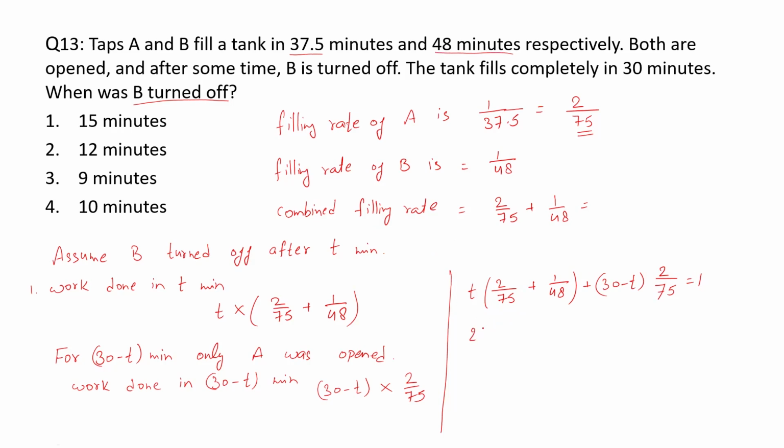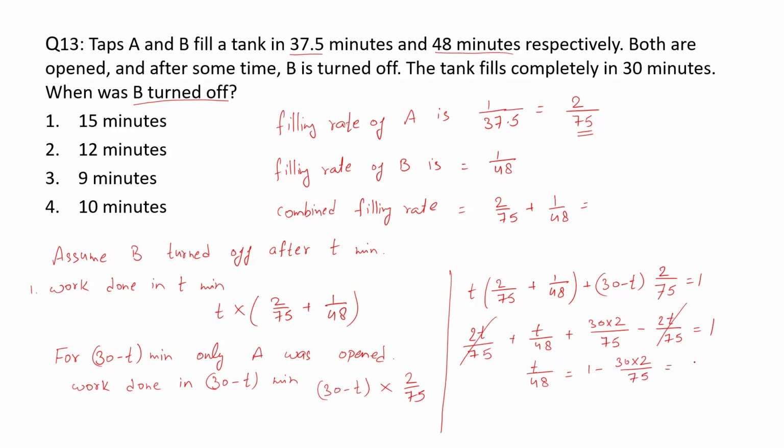Do the multiplication: 2T upon 75 plus T upon 48 plus 30 into 2 upon 75 minus 2T upon 75 is equal to 1. The plus and minus terms will get cancelled. So, T upon 48 is equal to 1 minus 30 into 2 upon 75.